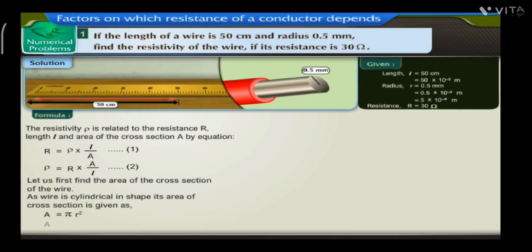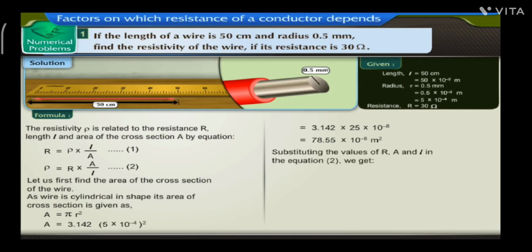Therefore, A is equal to 3.142 multiplied by (5 multiplied by 10 to the power minus 4) the whole square, which is equal to 3.142 multiplied by 25 multiplied by 10 raised to minus 8, which is equal to 78.55 multiplied by 10 raised to minus 8 meter square.